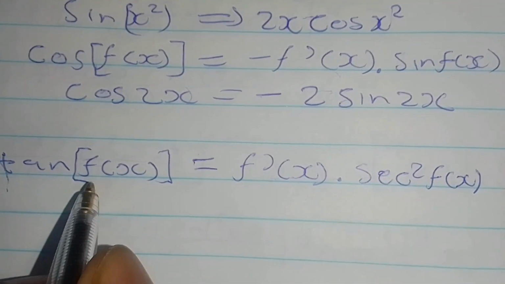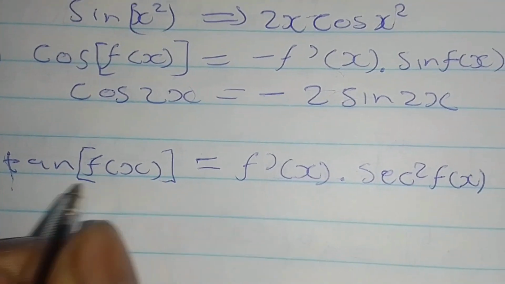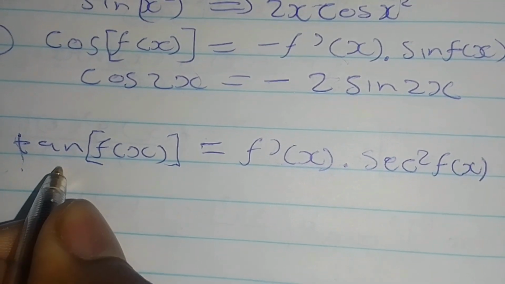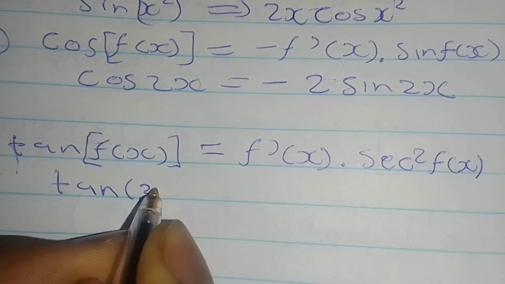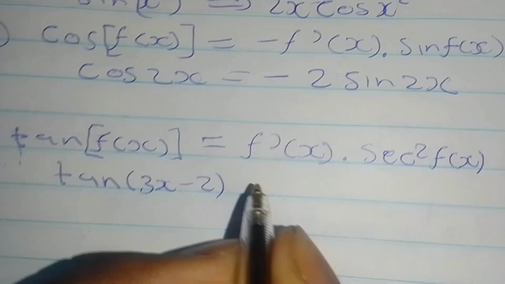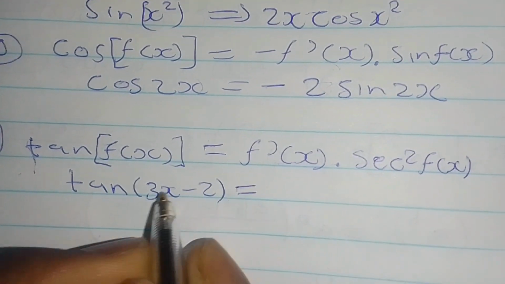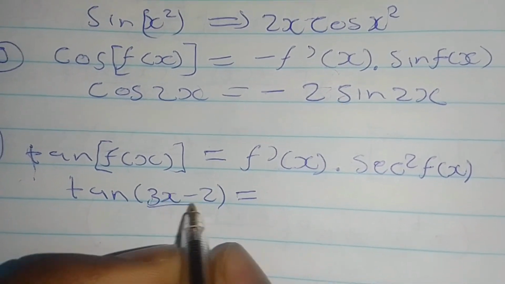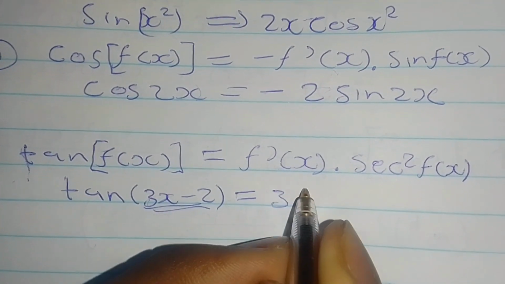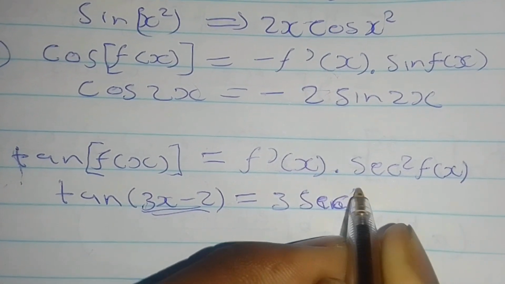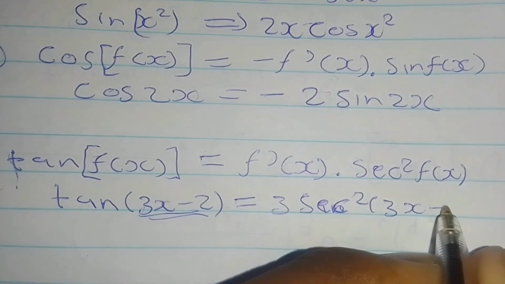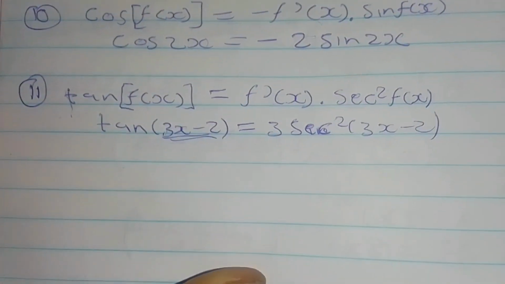Now, let's say I have tan of 3x minus 2. The derivative is the derivative of the inside, which is 3, multiplied by secant squared of that 3x minus 2. So that's what this means.